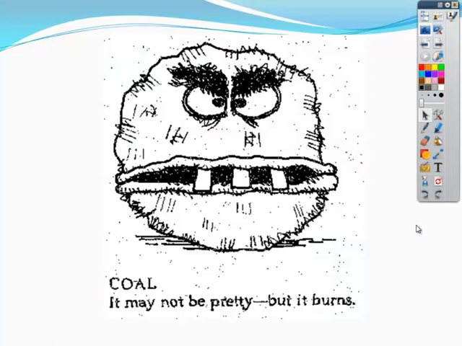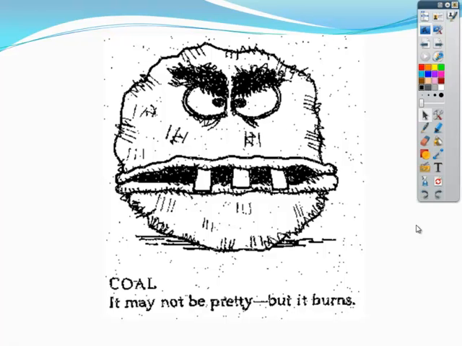So overall, when you look at coal, it is dirty to the air, it is dirty to the water, it is dirty to the land. It is very destructive environmentally, but it burns and it produces much needed electricity.